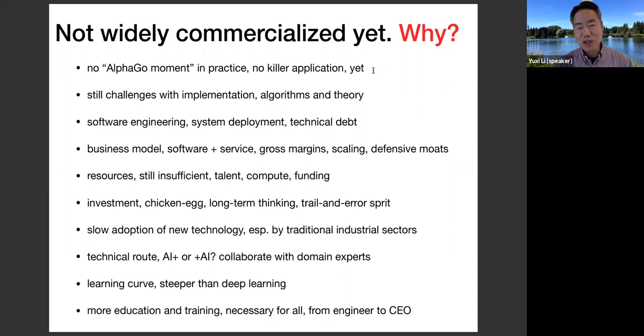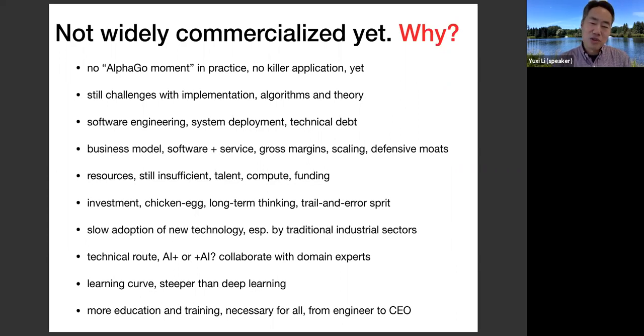If we have this kind of result, like ImageNet, like AlexNet, like deep learning, say face recognition or image recommendation, then people will pour resources or money into reinforcement learning. But now we don't have this yet.